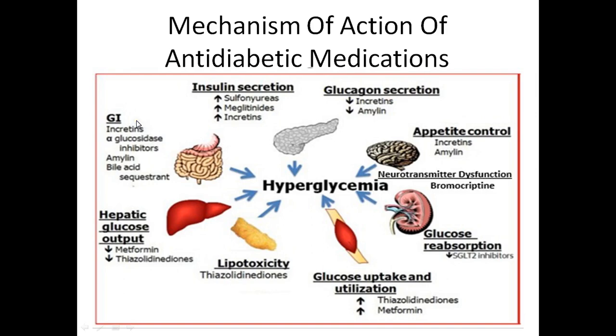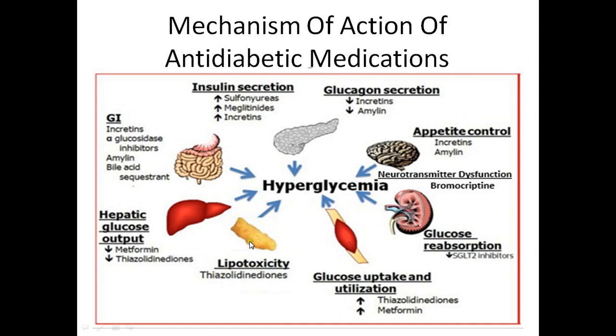Then incretins have an effect on the gastrointestinal system, and we have alpha glucosidase inhibitors, which inhibit the absorption of the glucose, amylin and bile acid sequestrants, which can again lead to decreased hyperglycemia. Metformin and thiazolidinedione decrease hepatic glucose output and thus decrease the insulin resistance.